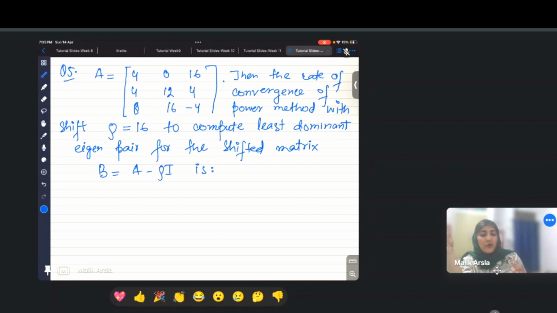So for the matrix B, which is A minus rho I, you have to find the least dominant pair for that matrix. Okay.